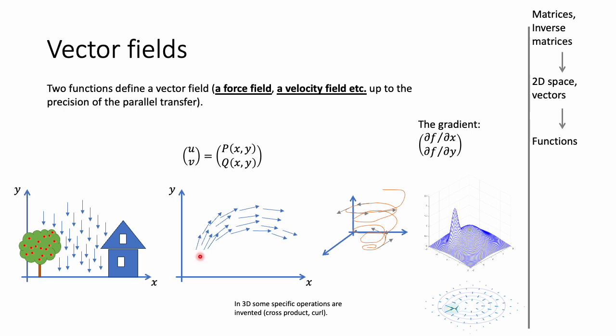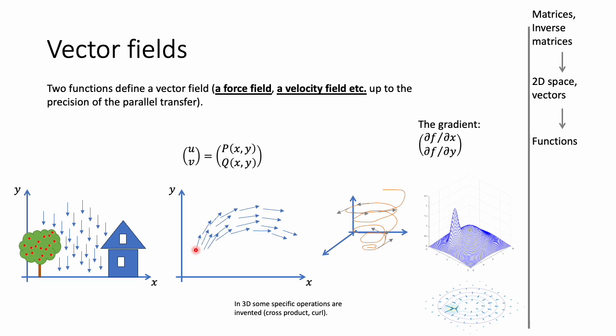Here is another example. It is a flow of liquid or a flow of gas. We choose a particular, arbitrary point. There is a particle of the liquid in it, and the vector that is associated to this point is nothing else than just the velocity of this particle of liquid.